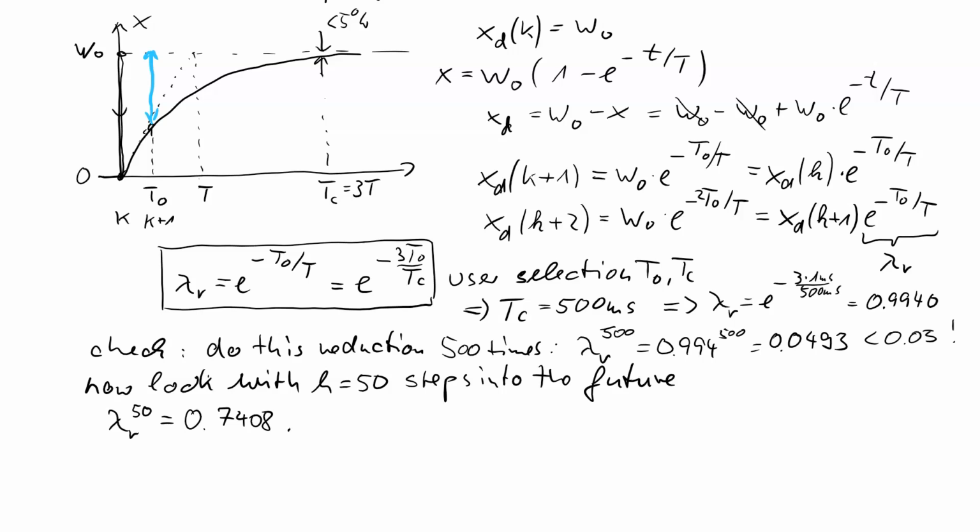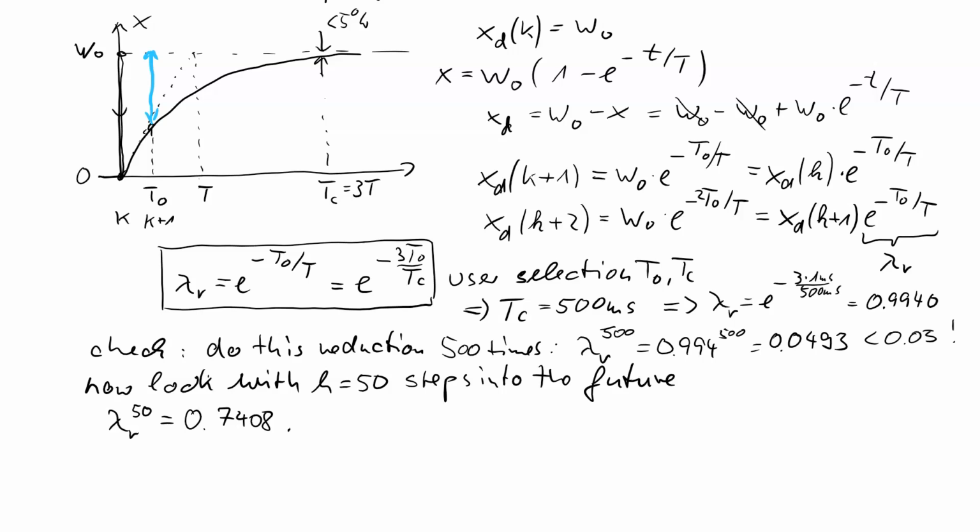That does mean that now I'm at 1/10 of my 500 milliseconds, and I know after 50 steps the reduction must be 0.74. Then the next 50 steps I again decrease with the factor of 0.74. This I will do 10 times.